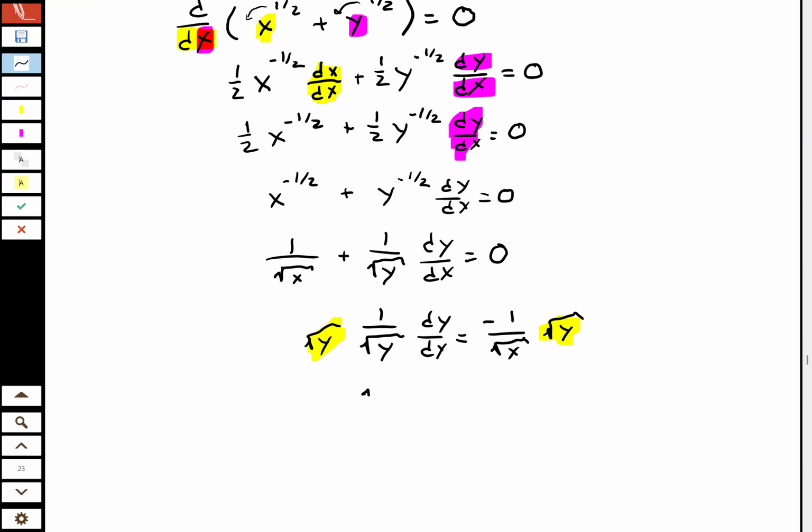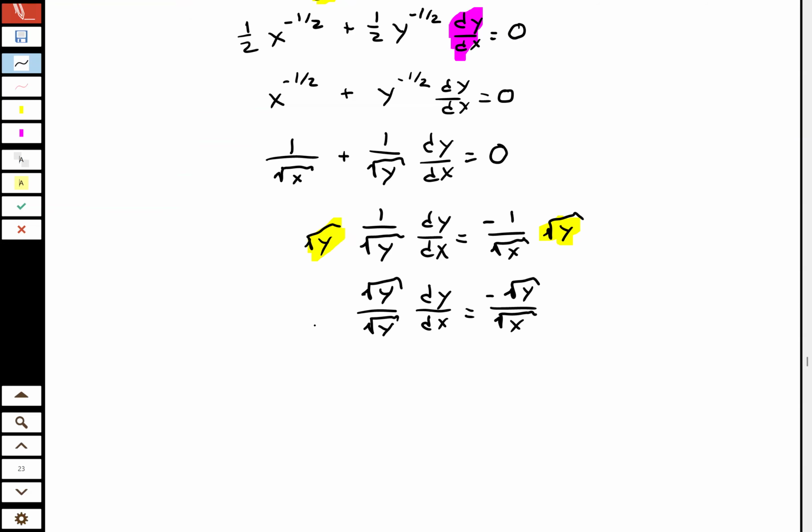This leaves me with the square root of y over square root of y, dy/dx, is equal to negative square root of y over square root of x. Canceling out that left side leaves me with just my derivative with respect to x is negative square root of y over square root of x.